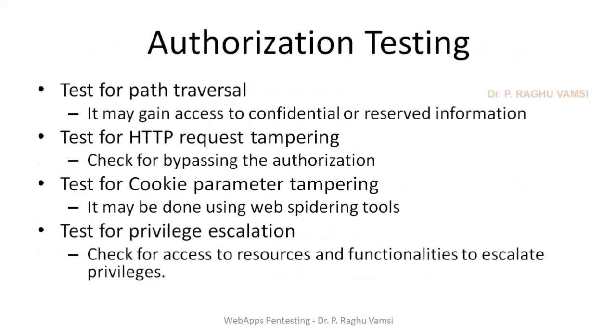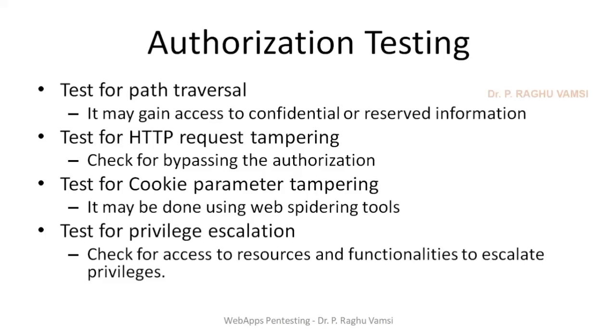Okay. Next, once the session testing is over, authorization testing. Authorization, as I told you, requires authentication. That means first the hacker has to crack the username and password. Then he has to check for the session, or he may use some other medium like man in the middle or any other thing to gain the session.